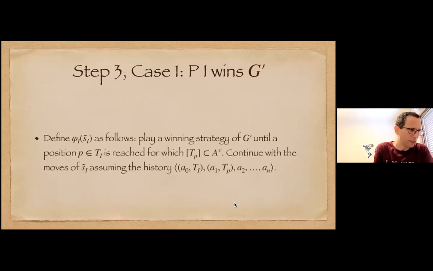Either player 1 wins G prime or player 2 wins G prime, and the definition follows these two cases. So the first case, where player 1 wins G prime, you define the following moves of player 1 as follows. Remember, player 1 has a winning strategy, so player 1 is going to try to win G prime. He has a winning strategy, so it is guaranteed that player 1 will win the game.